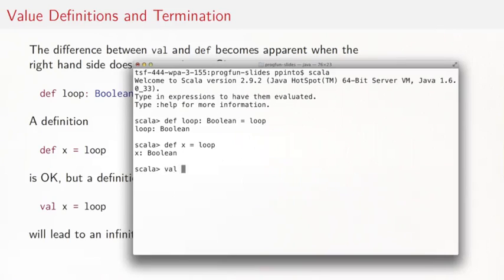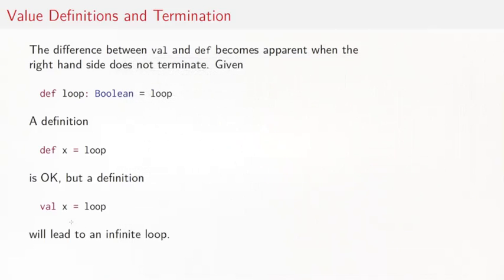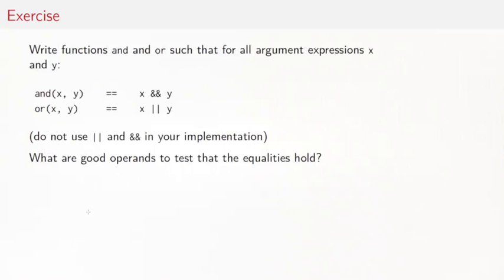Whereas if I define val x equals loop, then my REPL dies and I have to take it out explicitly with a Control-C. So def x equals loop is okay, but val x equals loop will lead to an infinite loop because the right-hand side loop will be evaluated at the point of definition.